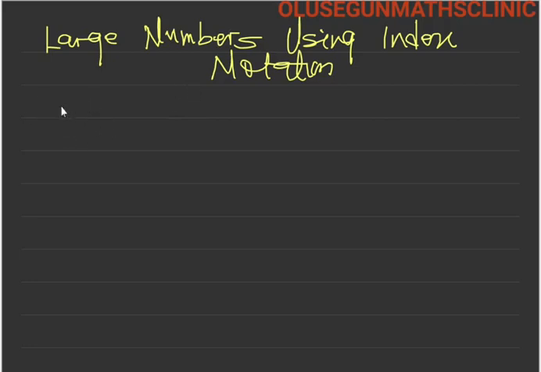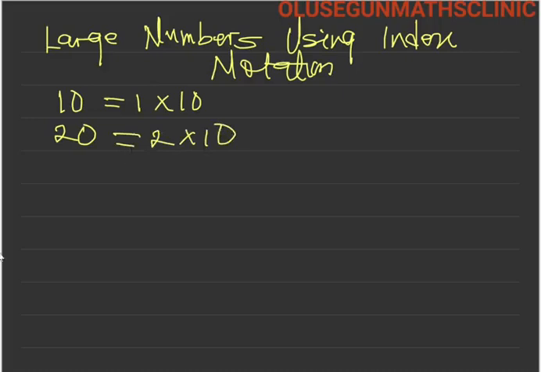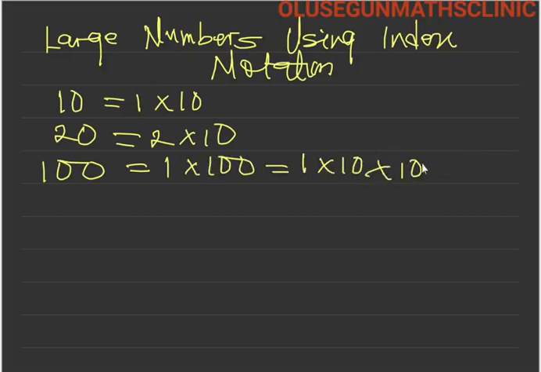Let's say 10 is equal to 1 times 10. 20 can be written as 2 times 10. 100 can be written as 1 times 10 times 10. What do you observe?